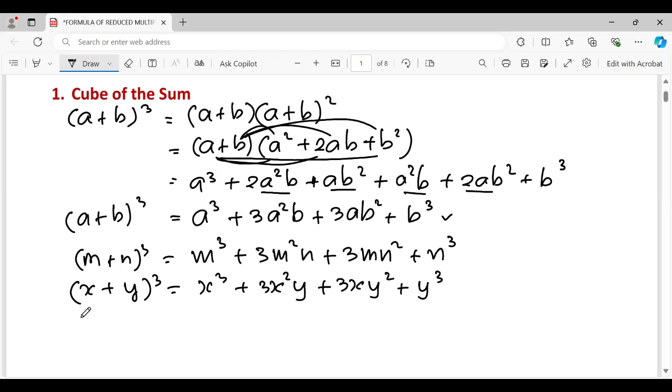Next, what if the problem is like this: 2x plus 5 cubed.